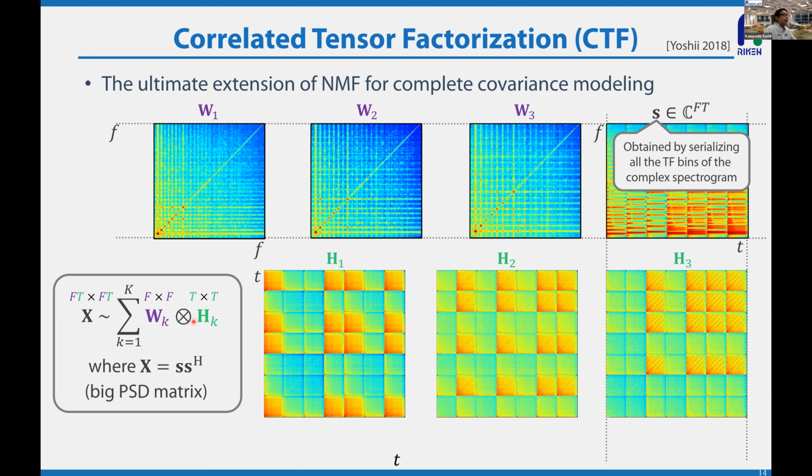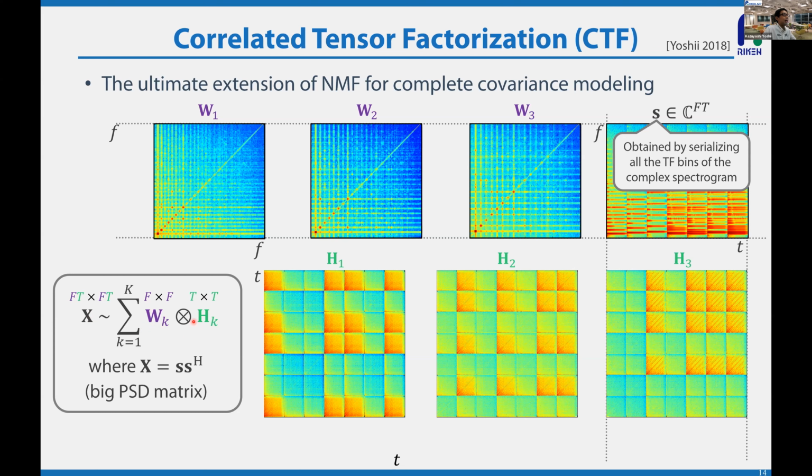Here, the spectral densities of a particular time frame t are simultaneously determined by this equation. In NMF, each time-frequency bin is independently determined.